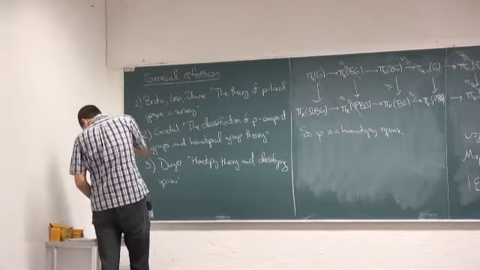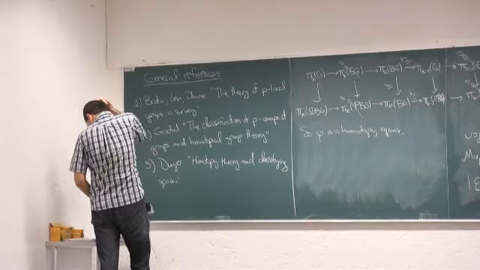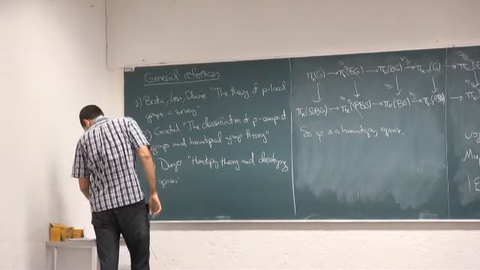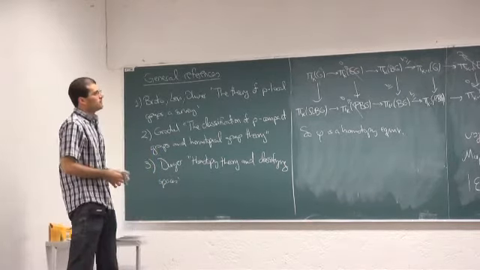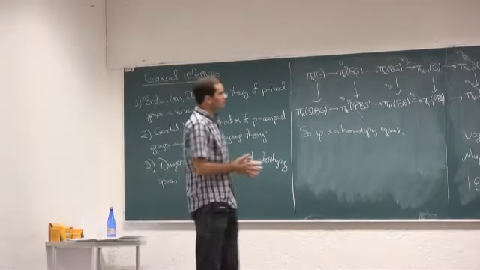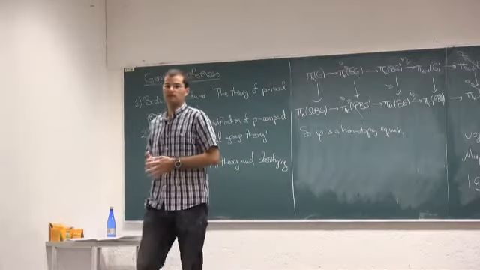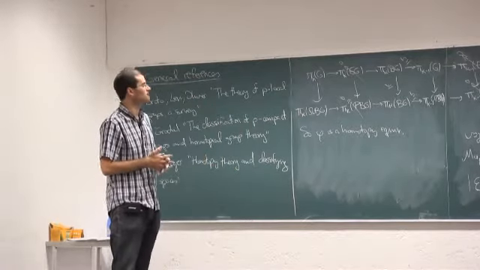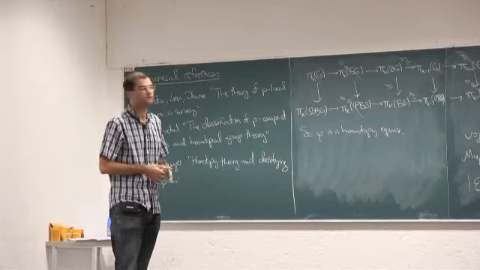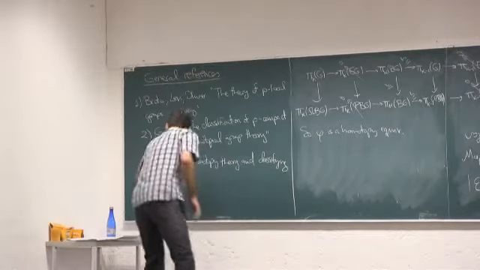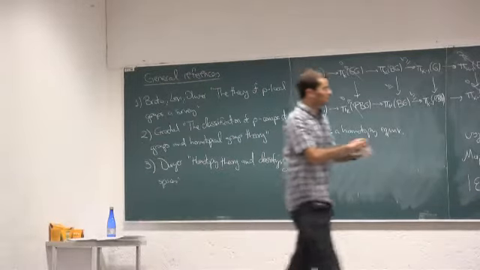Okay, so what do I want to talk about next? Now, if you have seen classifying spaces, it's probably because you were studying group cohomology. Right? So much of what I'm going to say next is motivated also by results in group cohomology. So let me leave that there and continue here.